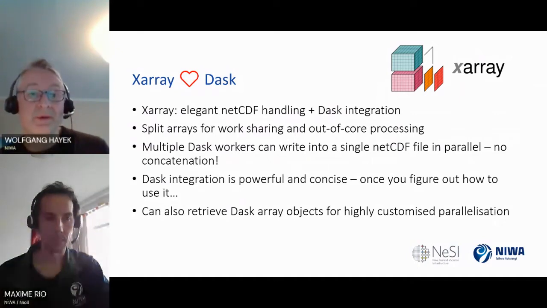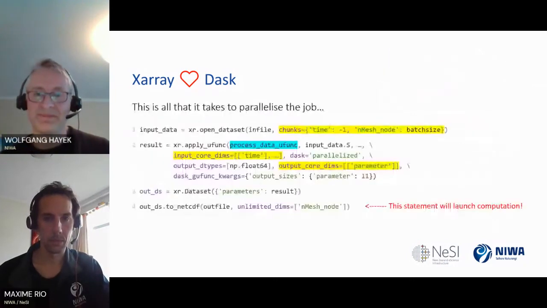If you know how it works, it's super easy to use. It's very concise, only a few lines of code, but in some cases it can take a while to know how to use the API properly. And if you want, you can also get hold of the Dask objects underneath and do something really custom if you need to. Another great thing is that the Dask integration allows you to read and write NetCDF files in parallel, which is extremely useful.